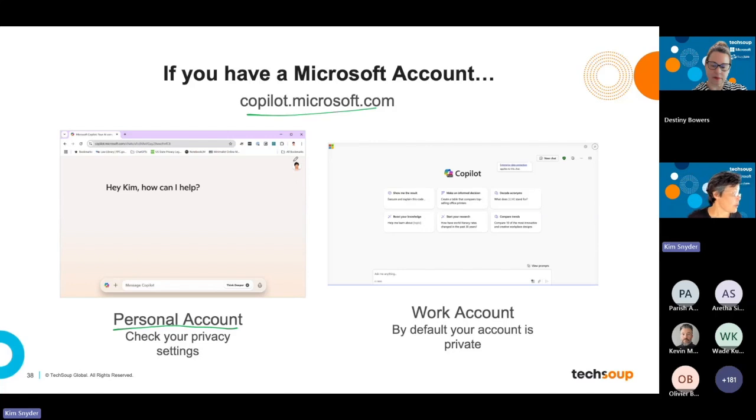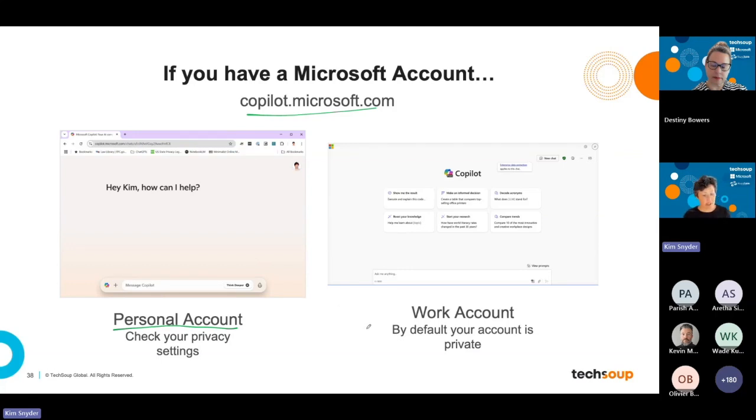But when I'm logged in and go to copilot.microsoft.com, then I am in my personal one. I can switch privacy to on, but I need to know to do that, right? So I need to just know to check that setting. It's in my settings, so it's not hard to do, but it's just something you need to do.